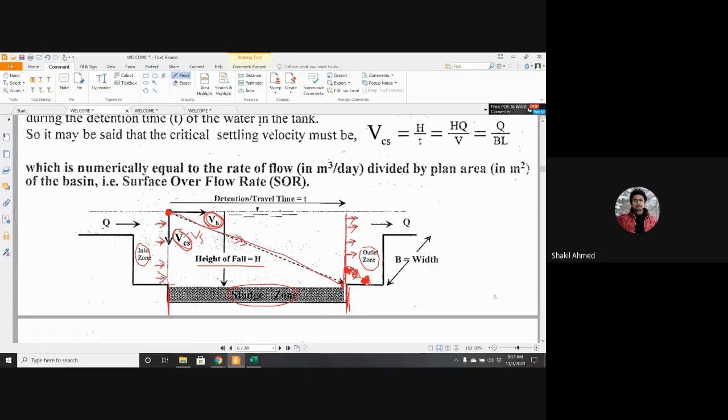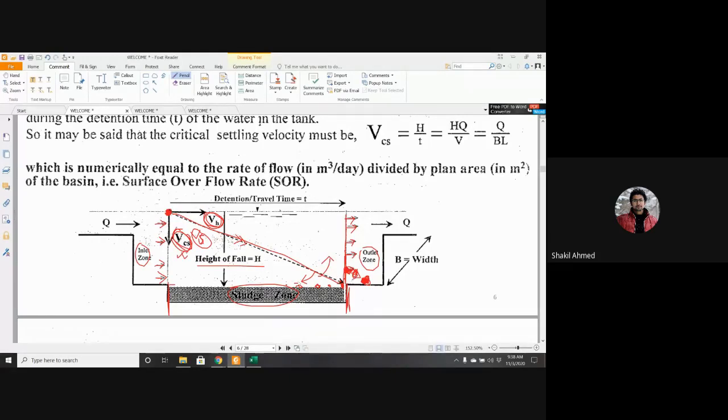If the settling velocity of a particle is greater than this velocity, it will shift toward the greater one, so it will be removed here, here, here. But if your settling velocity is less than this one, it will shift toward this, and in that case it will not be removed.